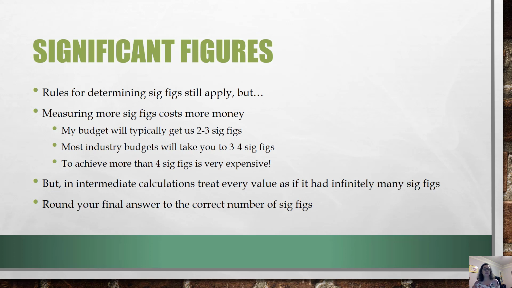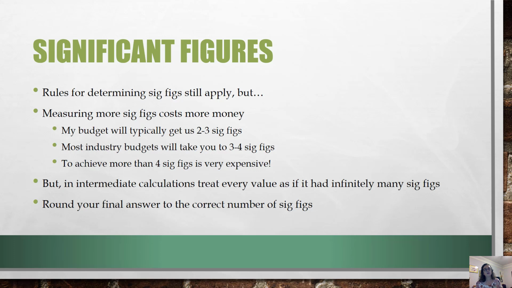I also wanted to discuss significant figures a little bit before we get too far into the course. The rules for determining significant figures still apply, but a lot of times logic is going to supersede all those rules, and sometimes it's just faster to use good sense. The most important thing I need you guys to know is that if you measure more significant figures, it costs more money.